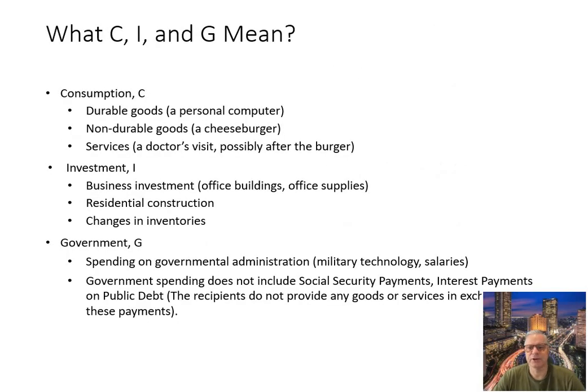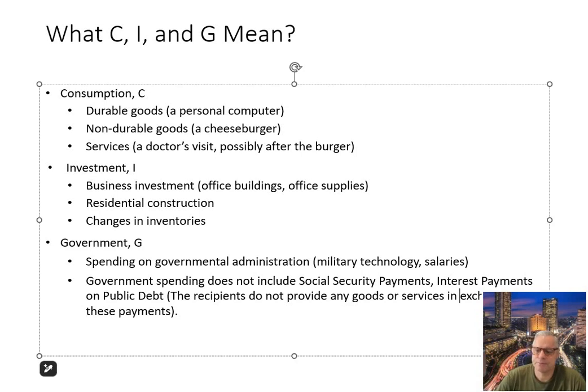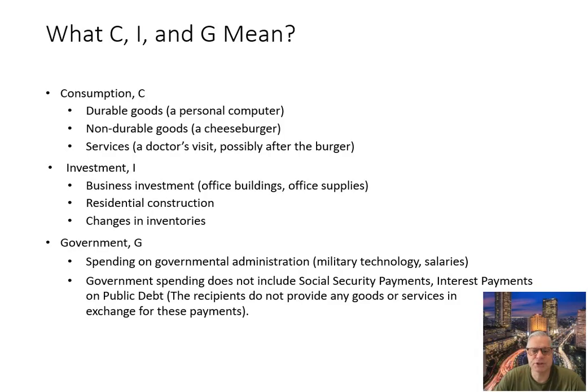Okay, so let's go a little bit deeper into what consumption, investment, and government spending mean, because we have a few exceptions that are important. Consumption is the purchase of all durable goods, and a durable good is, for example, a PC, a personal computer.